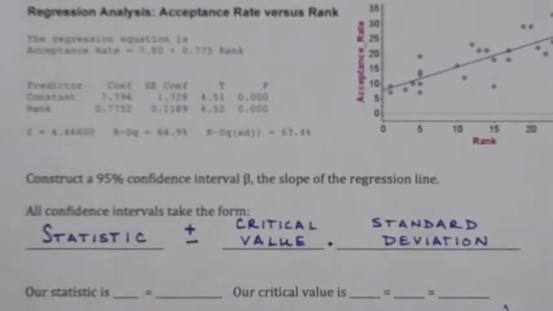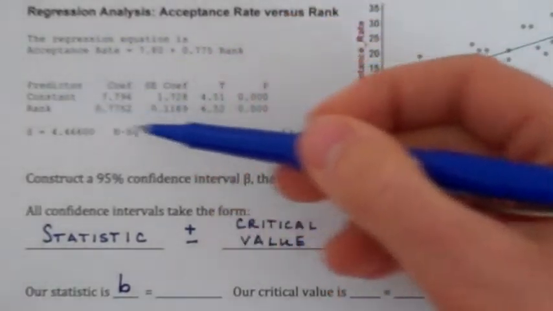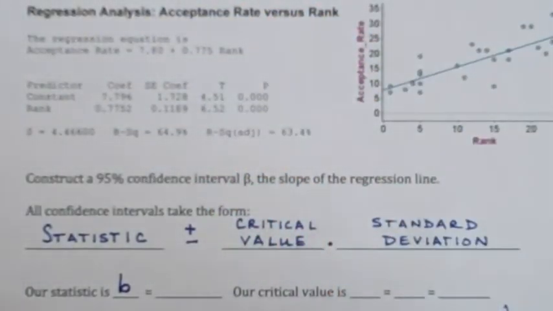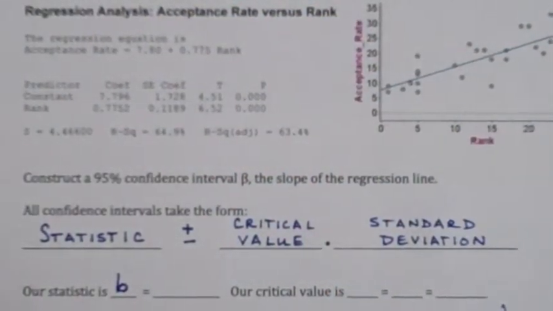So in the case of the particular situation that we're in here, our statistic is going to be the slope that came out of running the Minitab regression.